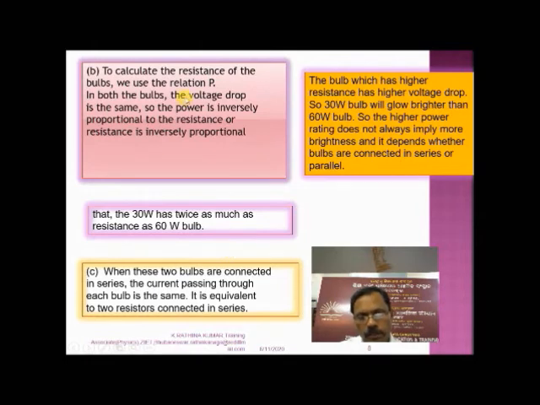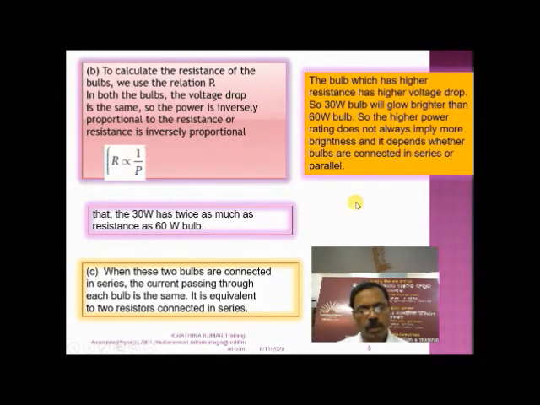In parallel the voltage will be the same; in series the current will be the same. The bulb which has higher resistance has higher voltage drop. So the 30 watts bulb will glow brighter than the 60 watts bulb. The higher power rating does not always imply more brightness; it depends whether the bulbs are connected in series or parallel.